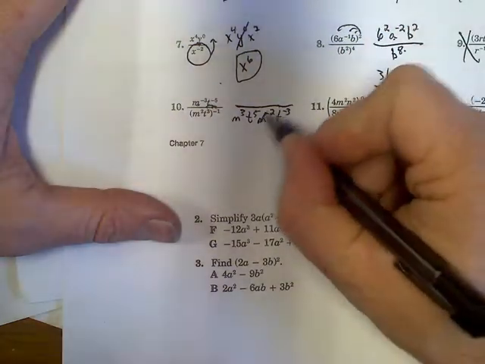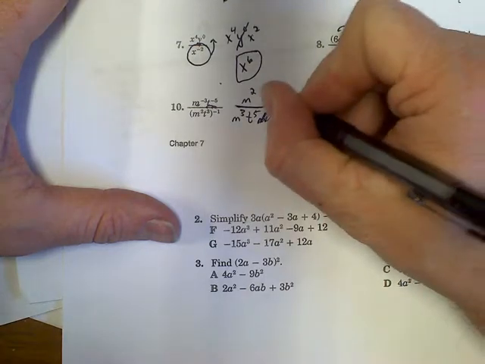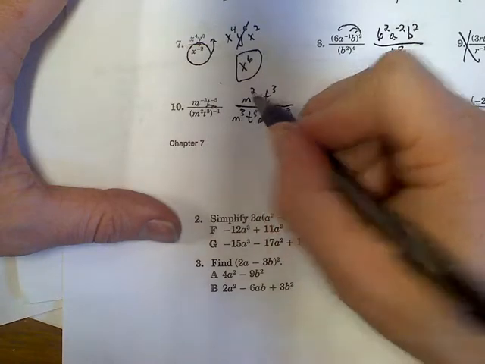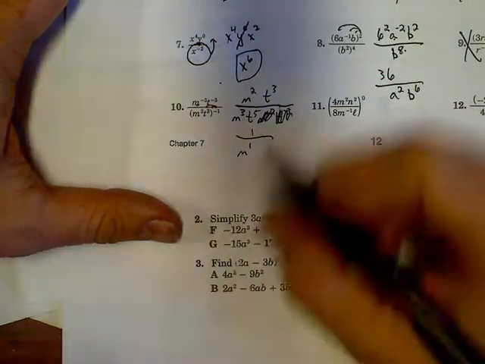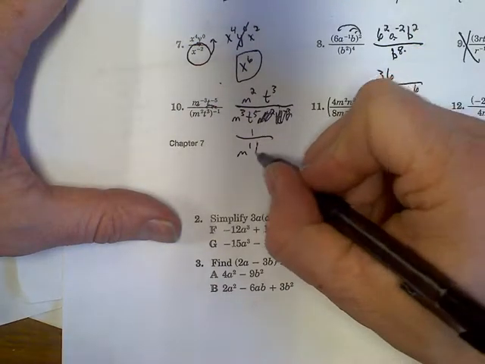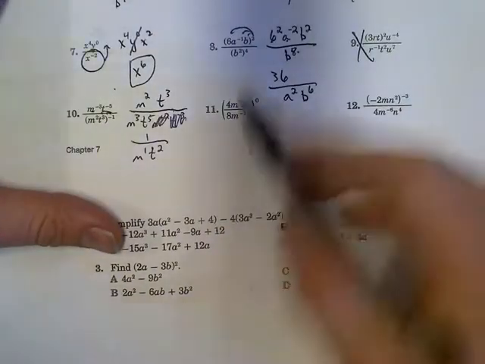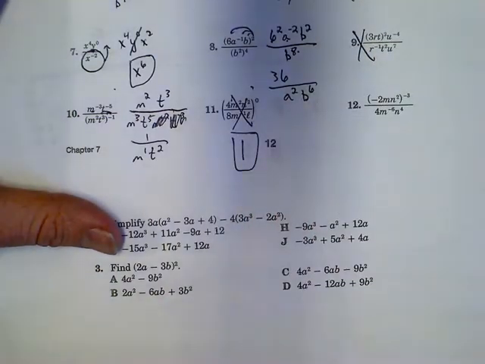I know that these have to go on top. Now, 3 minus 2 is 1, so I know that that stays on bottom because the larger value is on bottom. 5 minus 3 is 2, stays on bottom. Anything to the 0 power is 1, so this answer just remains 1.